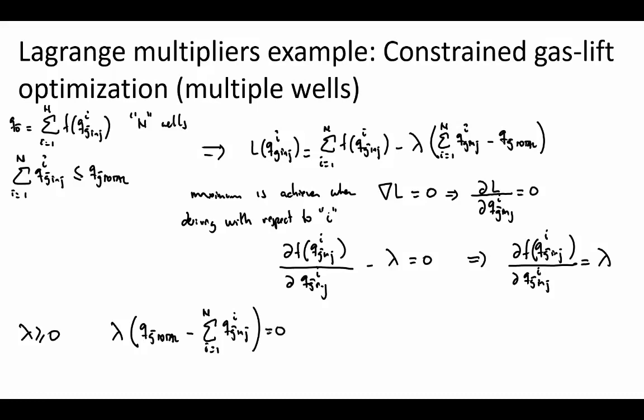And the other constraint we have is that the Q gas total is greater or equal than the sum of Q gas injection. Okay, these are the three.